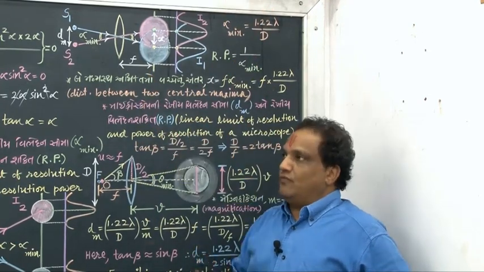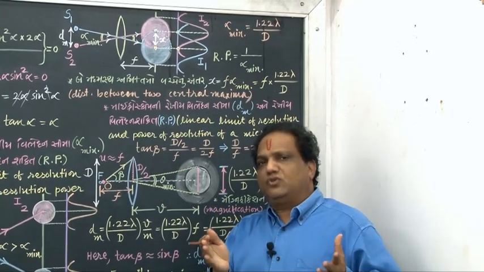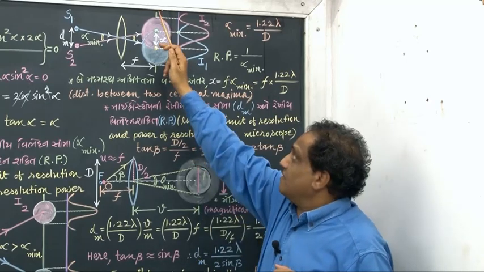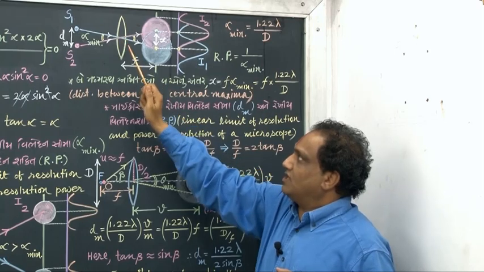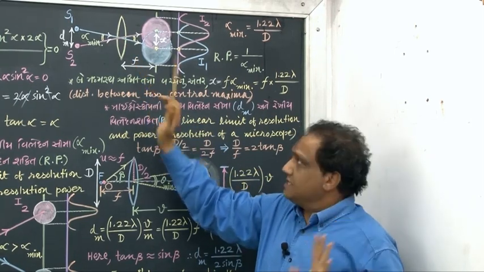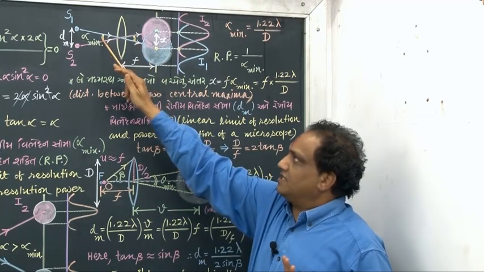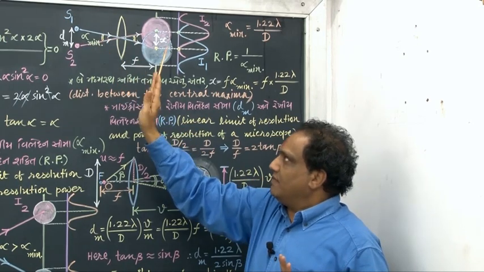And using a telescope, when you obtain images of very far objects, naturally those images will be obtained on the focal plane. The distance of the focal plane from the optical center of the lens is nothing but the focal length. So this much distance is the focal length, and this angle is the same as this because these two are vertically opposite. So this also will be alpha minimum.